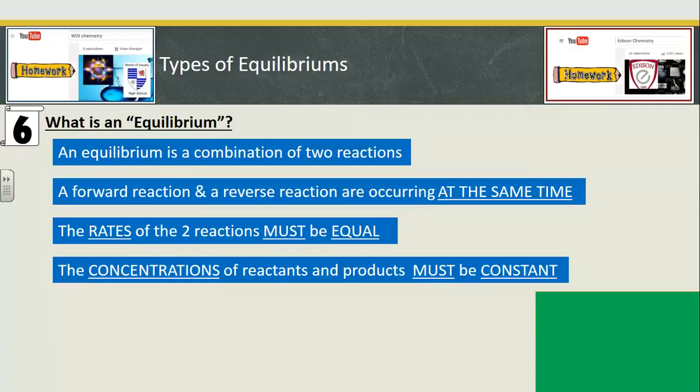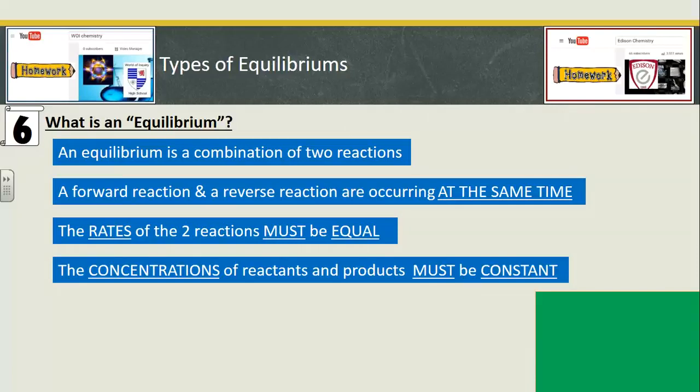But the concentration of reactants and products must be constant. So the overall number of students in each classroom is constant. For every one that leaves classroom A and goes to classroom B, one leaves classroom B and moves back to classroom A. So at any given moment, there's the same number of students, 10, in each classroom. It's just there's some transitioning past each other in the hall.